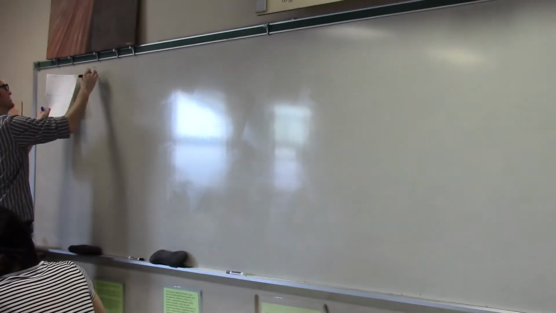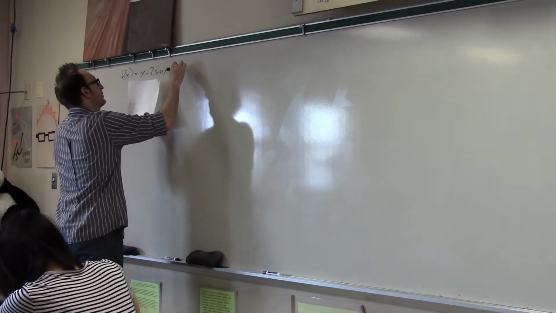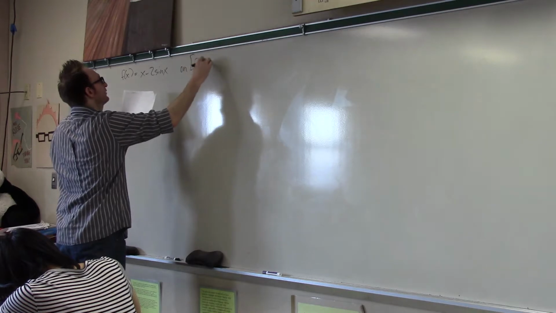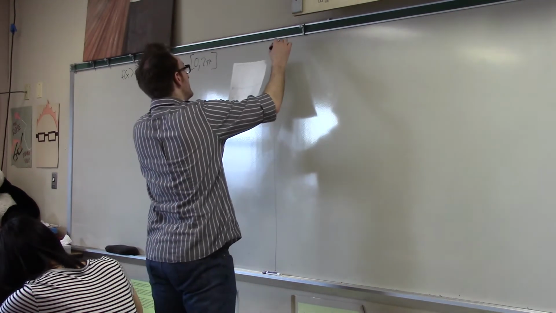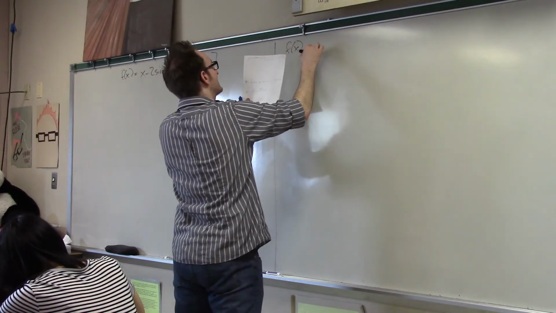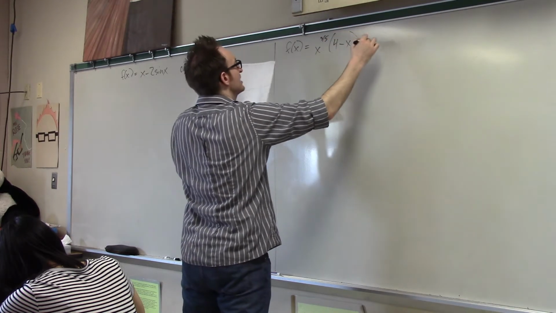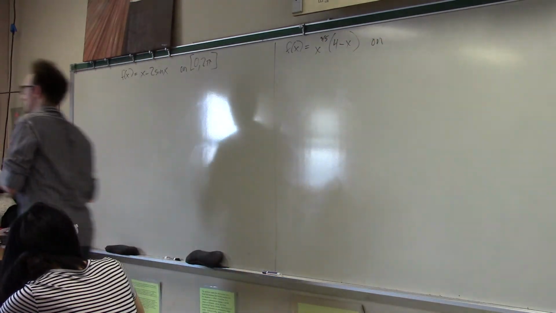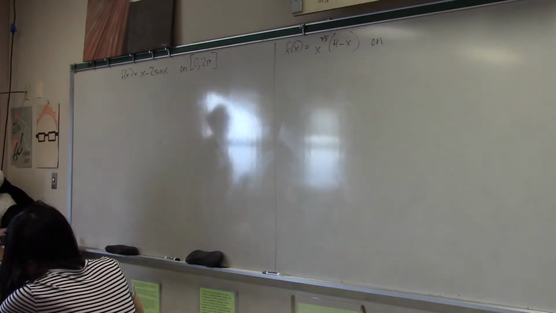We're going to do two problems. Let's go. I am going to give you a function. Here is the function: x minus 2 sine x, and we're going to look at this function on the interval from 0 to 2 pi. And the second problem is going to be f of x equals x to the 3/5 times 4 minus x, and we're going to do this on the interval, I forget.